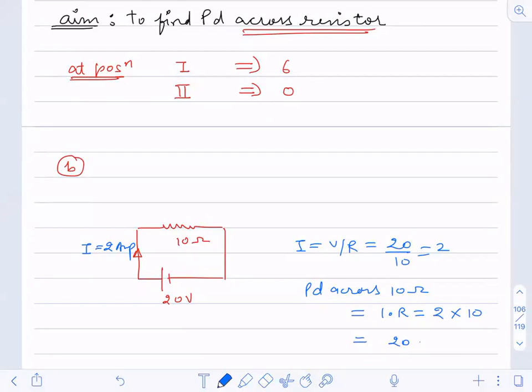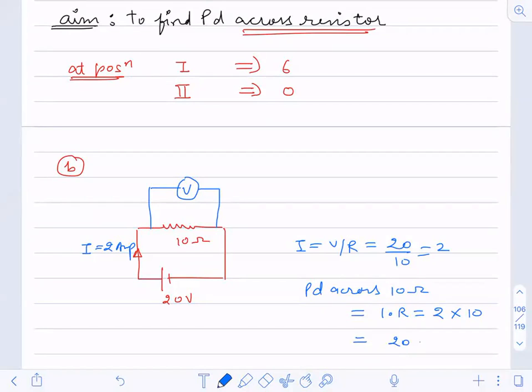Now this is what happens. Suppose I have a resistor, and we know the voltmeter should be connected in parallel, so I'm connecting it like this. Suppose this is a voltmeter. It is an electrical device, so it will have a very small amount of current through it, yes or no?